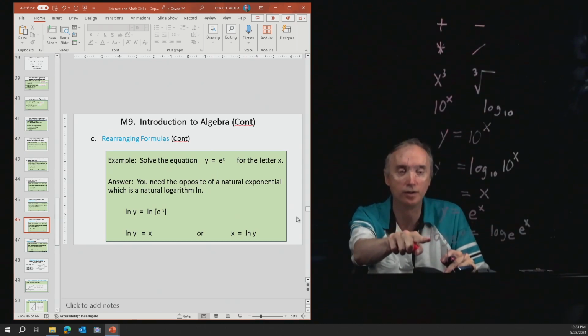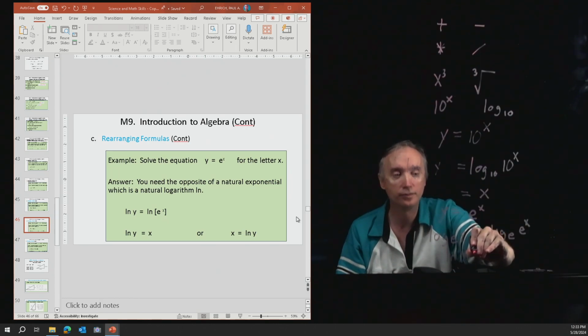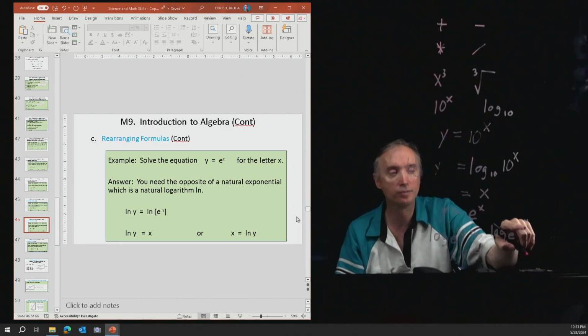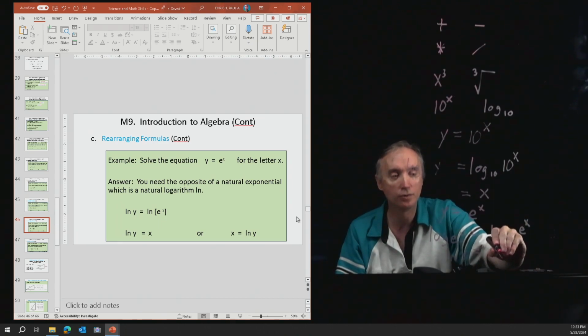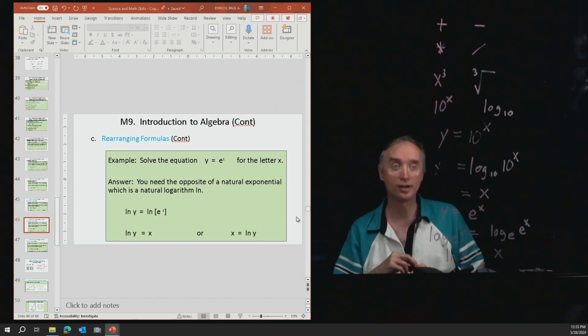The logarithm to the base e is called the natural logarithm, and then the natural logarithm of e to the x cancels that out, and this is going to be equal to x. So x is going to be equal to the natural logarithm of y. So on your calculator you should have a button that says ln, and that's what it does.